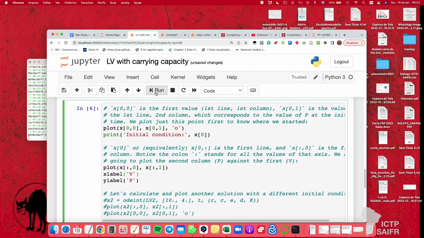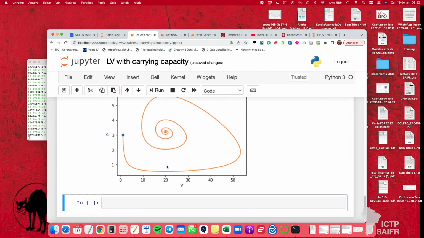Okay? And here we are. You started here. You go and you spiral, and you get to a fixed point. So you have transient oscillations, but at the end of the day, you don't have sustained oscillations. You go to a fixed point.